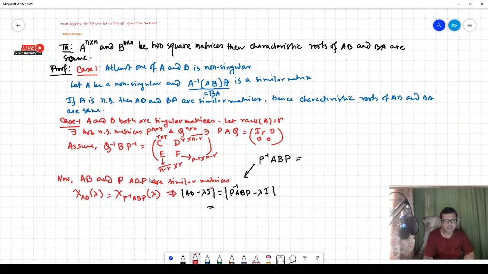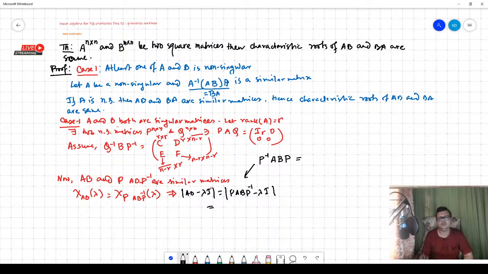So P AB P inverse is also a similar matrix, and you can prove it the same way. For this reason the characteristic polynomials in both cases are the same. You can easily check this. So the characteristic polynomial of AB and PAB P inverse are the same, and I need this for my proof.